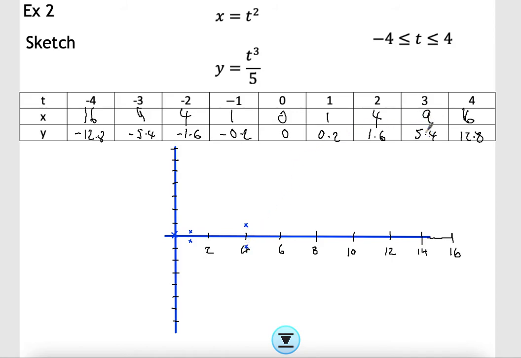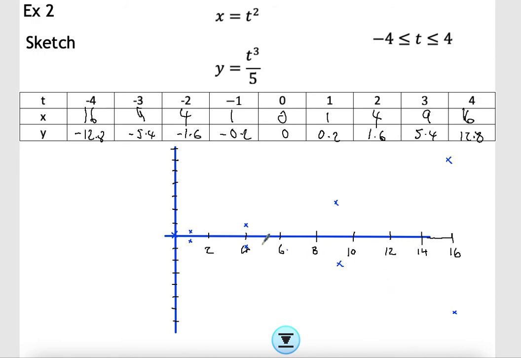And then we've got 9, 5.4, and 9, negative 5.4, so about there and about there. So it's just generally trying to get the shape of the graph. And 16 and 12.8, so 12 is up here. And then same here.